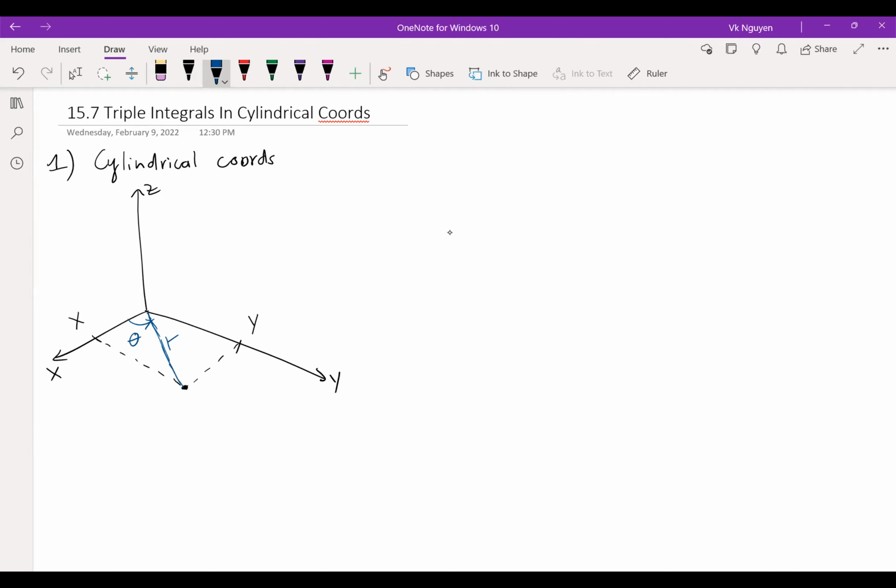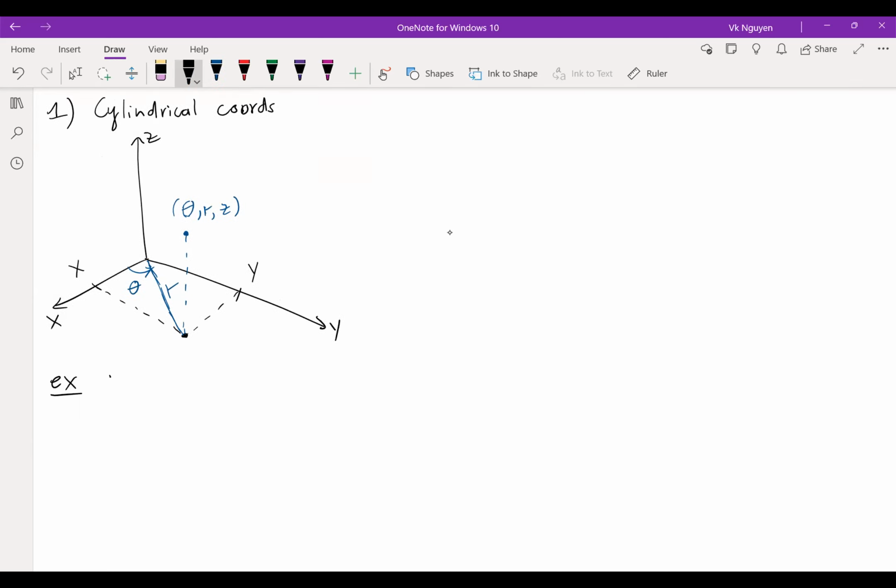So this point right here is the same as r, theta. Next, to get the z, you just got to go up here. This point is theta, r, z. That is what a cylindrical coordinate looks like.